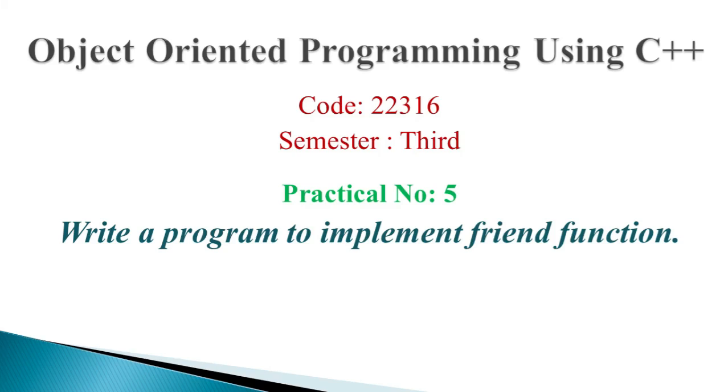Basically, we will calculate or add some distance using a friend function. For that we have to create a class, and we have to access the private members of the class from the function. So let's see.